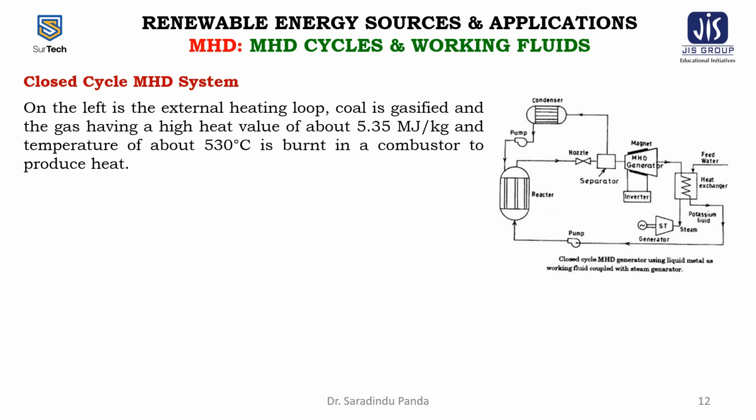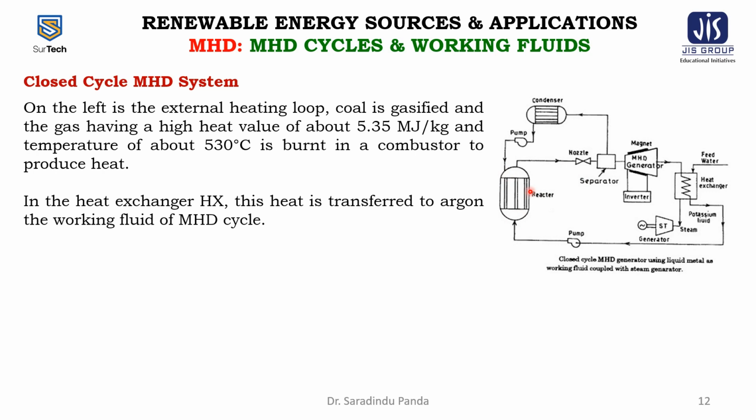The coal is gasified and the gas, having a high heat value of about 3.35 megajoule per kg and a temperature of about 530 degrees centigrade, is burnt in a combustor to produce the heat. In the heat exchanger HX, this heat is transferred to the argon, the working fluid of the MHD cycle.